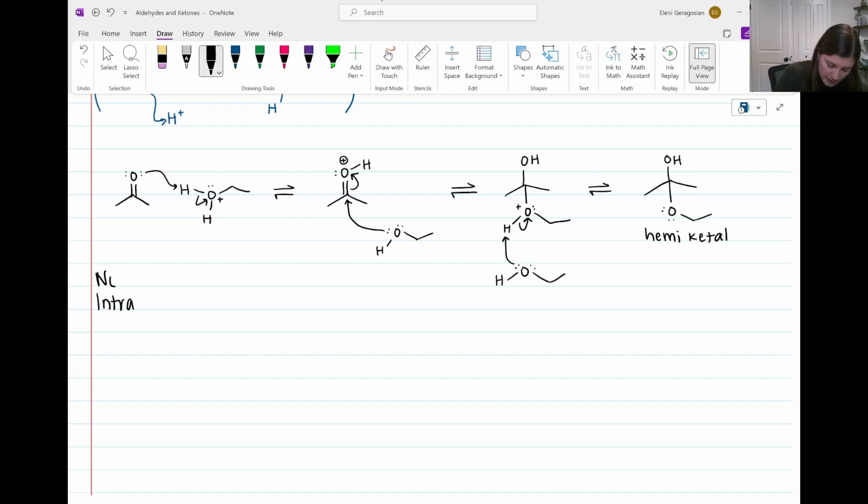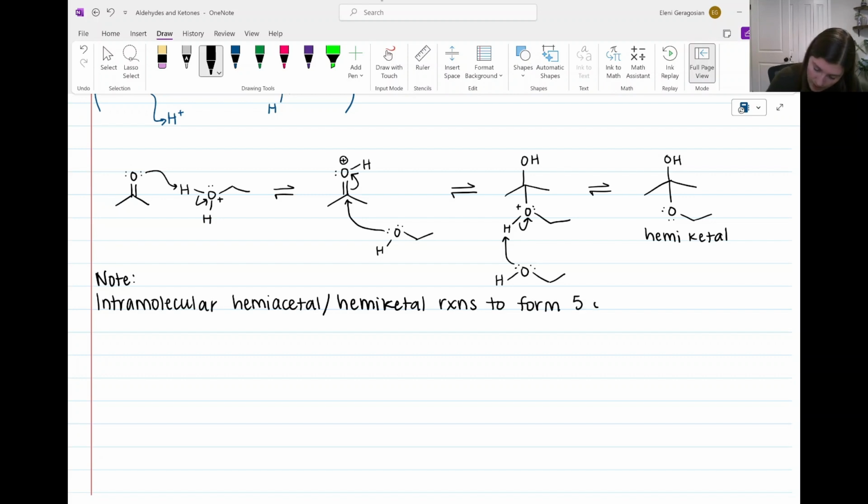So let's just add this note: intramolecular hemiacetal, hemiketal reactions to form 5 or 6 membered rings are favorable.